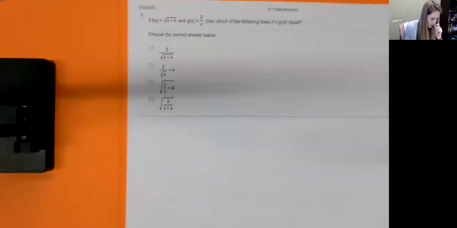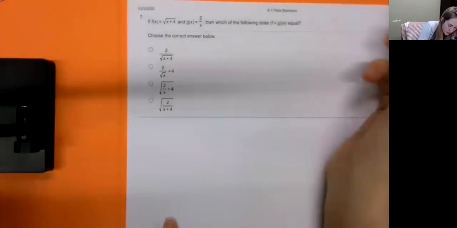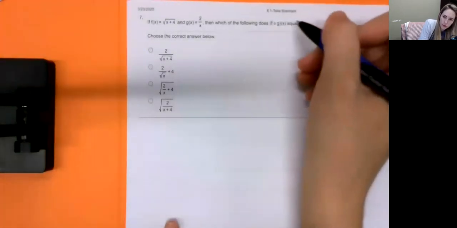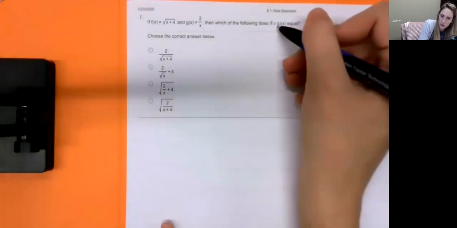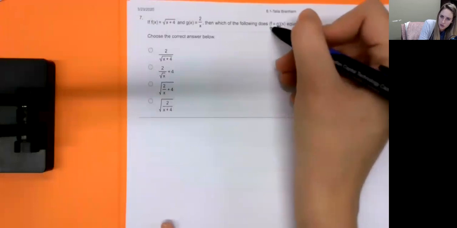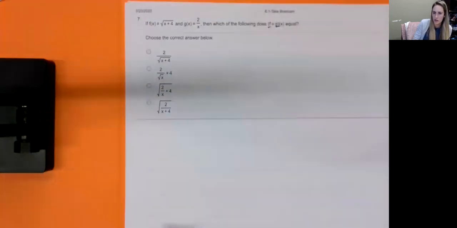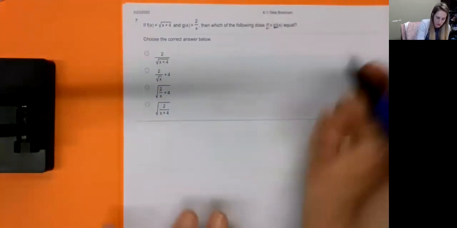if f of x equals the square root of the sum of x plus 4 and g of x equals 2 divided by x, then which of the following does f of g of x equal? So on these, before we were solving for each of them, now we're going to take our g function and substitute it into the f function for x.